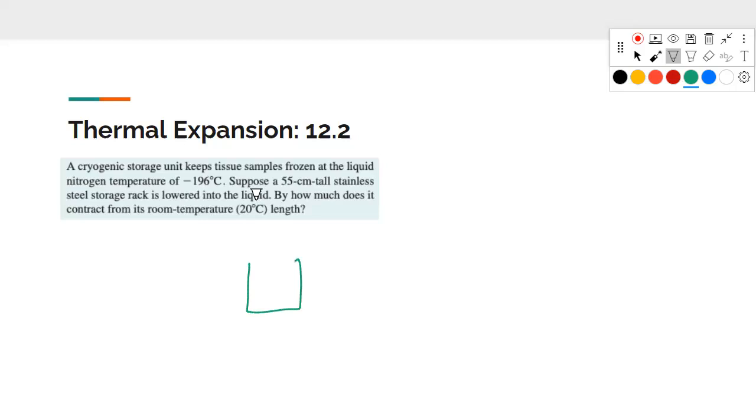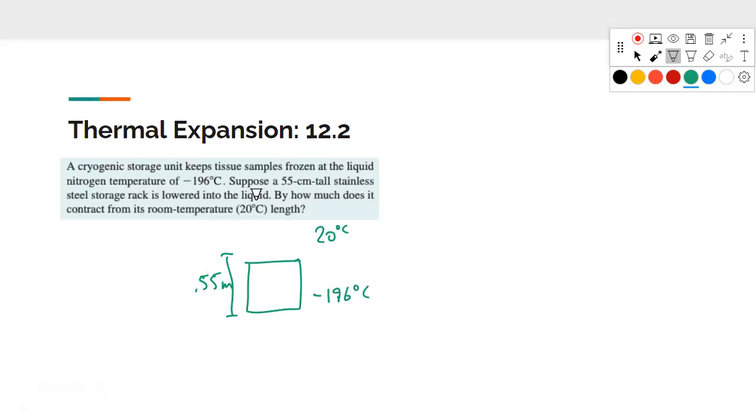So we've got this storage, some box basically, with a height of a little over 0.5 meters. And it's going from room temperature, 20 degrees Celsius, into this liquid nitrogen freezer, -196 degrees Celsius.